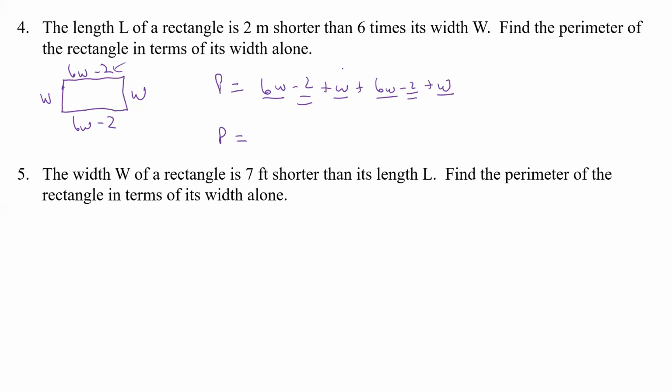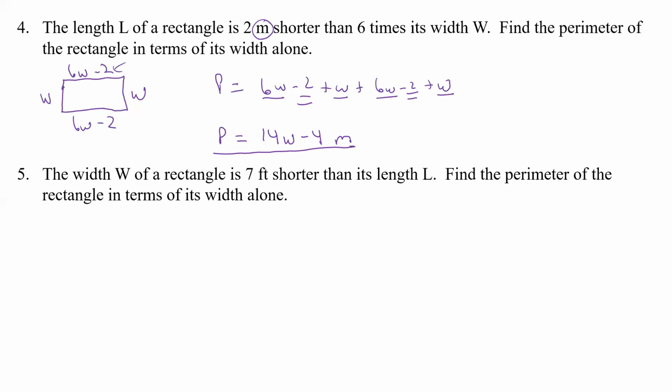Well, we have 6 plus 1 is 7, and then plus 1 more is 8, and plus 6, that's going to give us 14W. And minus 2 is minus 4, and we're back to meters. And so that would be the perimeter in terms of W in meters. Okay.